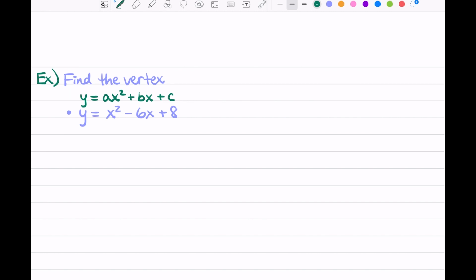So we know this is a quadratic equation, and when we plot a quadratic equation, it forms a parabola. And we're being asked to find where the vertex is. And it's the minimum case in this question because our a is 1. It's greater than 0.